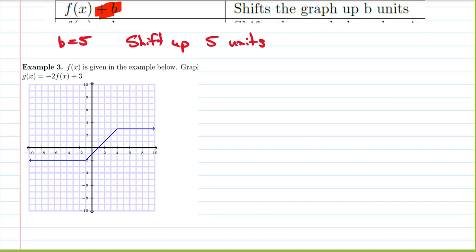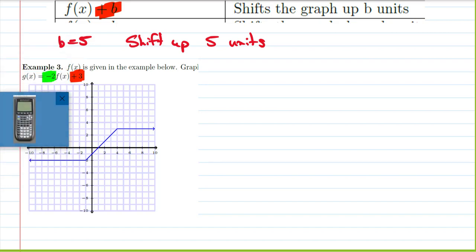All right, so example number 3, we're going to be doing the same thing, but this time instead of being given a function, we're actually given a graph, and we're asked to produce the graph of g of x, where g of x is negative 2 times f of x plus 3. So we have our negative 2 out in front, and we have a positive 3.